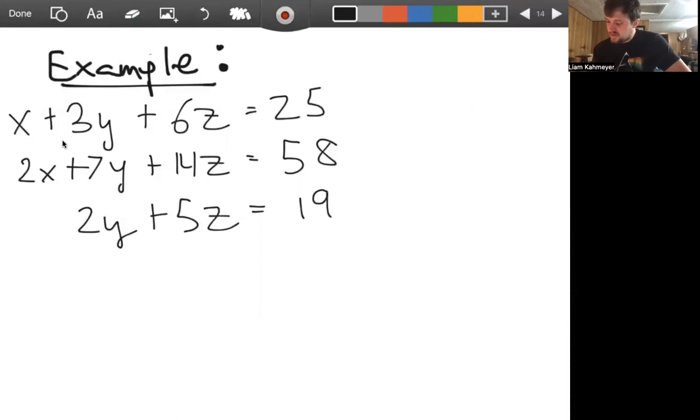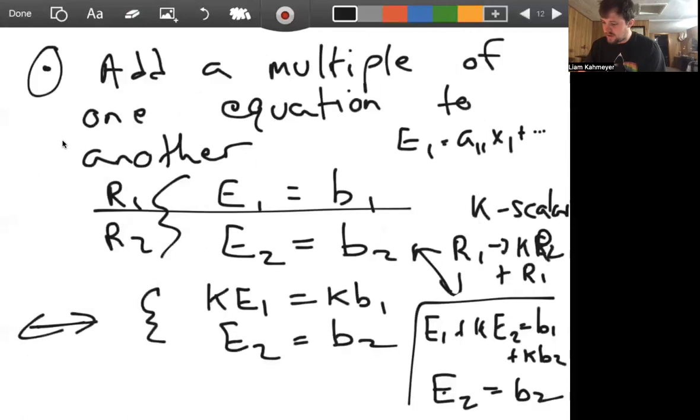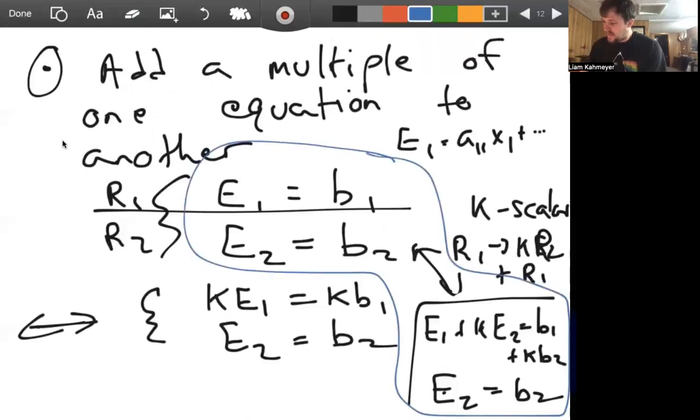So what I'm going to do here is group each step. Here is the system I'm starting with, and we know this third elementary operation that I was discussing was that you can add a multiple of one of these equations to another.